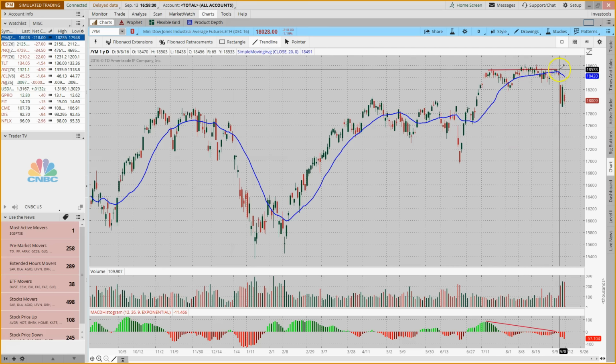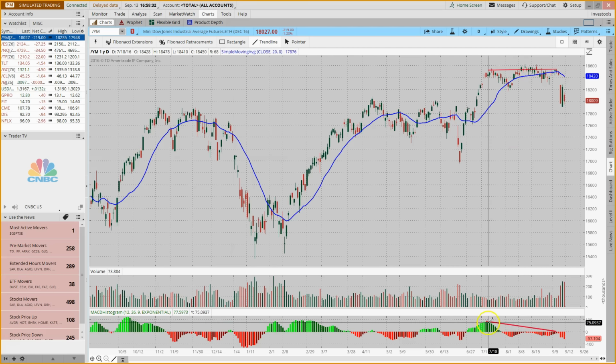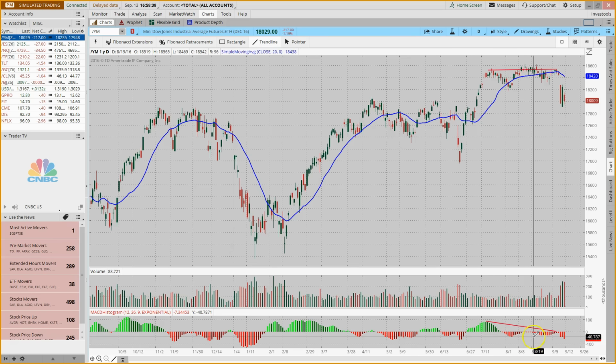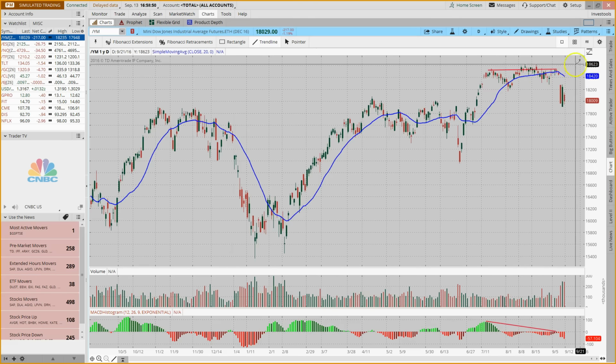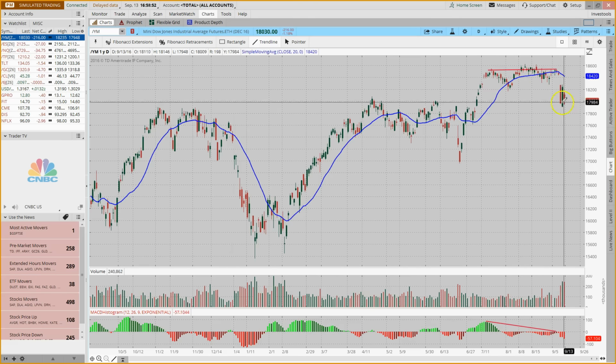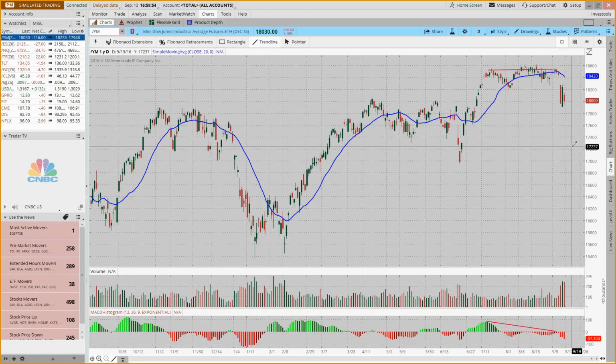Here the market was going completely flat while the MACD was certainly on a downward trend. And the indicator is always going to win out this way when it has to do with divergence. You can use the RSI, you can use stochastics or the MACD. And if you look, there was divergence. So that's telling us there is a higher likelihood that this will continue lower.